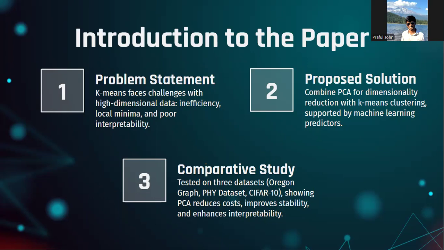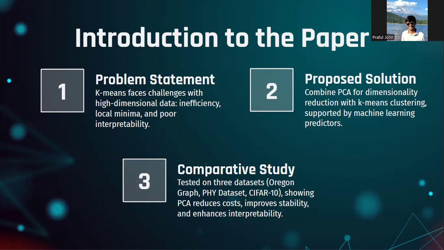We have the problem statement, which says that k-means faces many challenges like high computational costs, and it is highly susceptible to local minima, not reaching the global minima, and it also faces backlashes like poor interpretability when dealing with high dimensional data, which has, let's say for tabular data, lots and lots of columns. This is the problem statement.